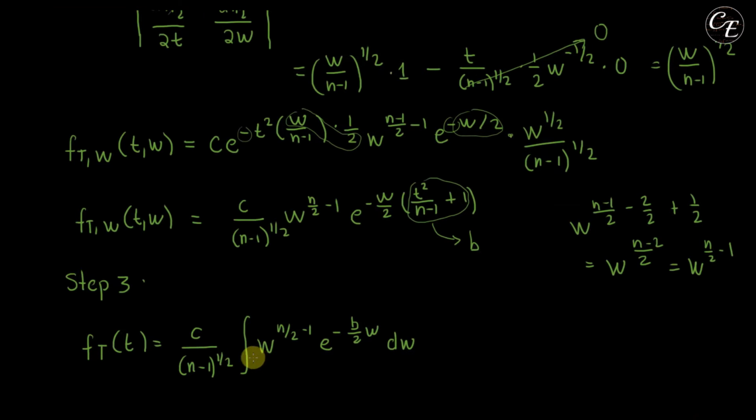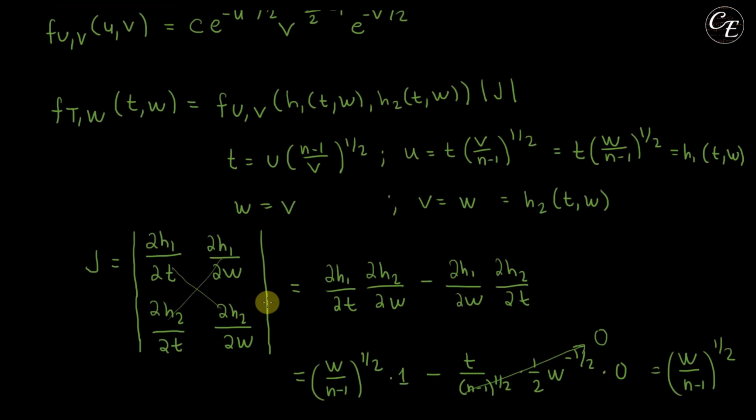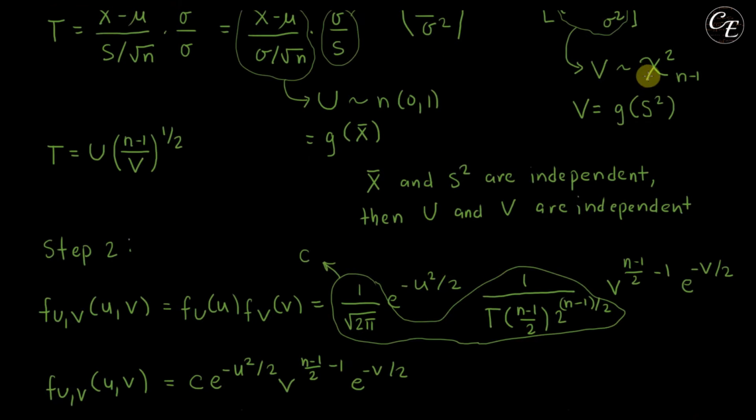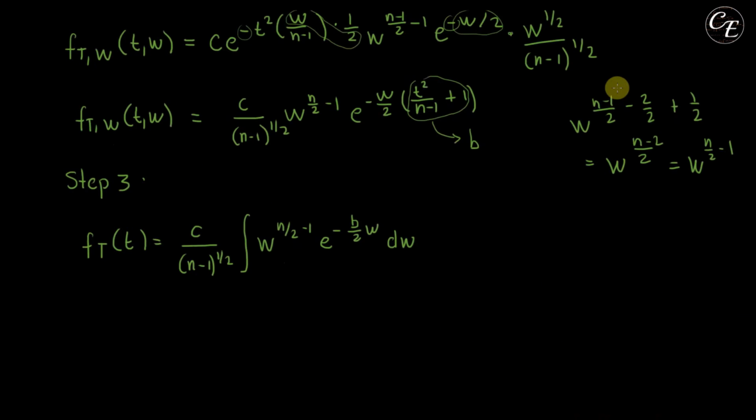For the limits of this integral, w is from v, which has a chi-squared distribution, and for a chi-squared distribution the range of values for its random variable is from 0 to infinity. So this should be 0 to infinity. To evaluate this integral, let us use the gamma function.